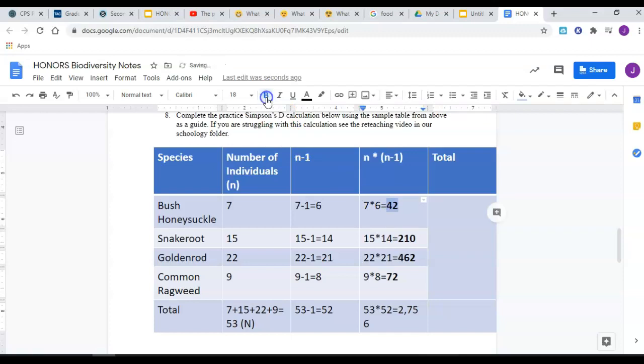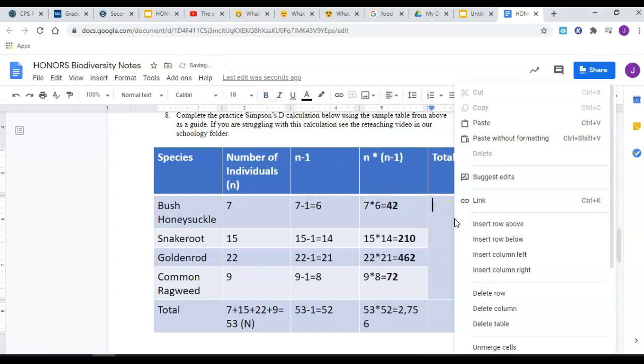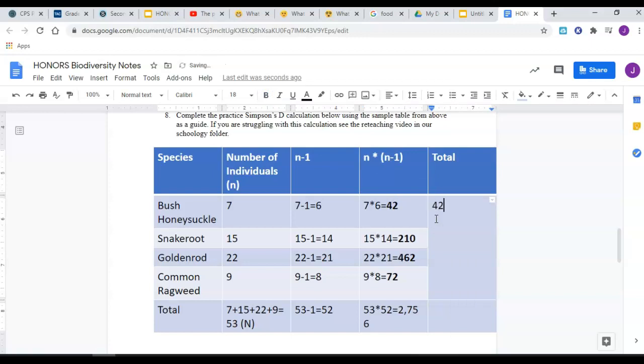So everything above that total line gets added in this total section.